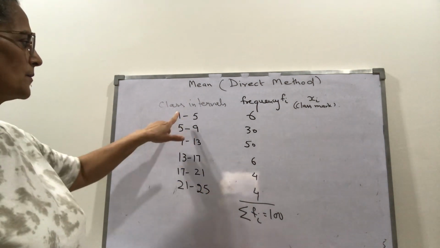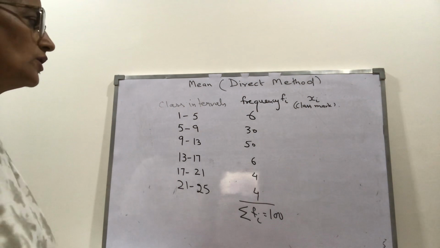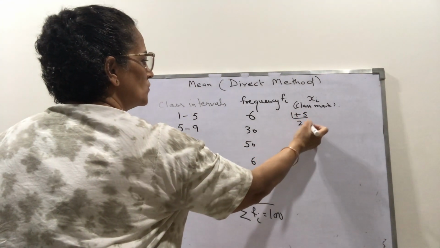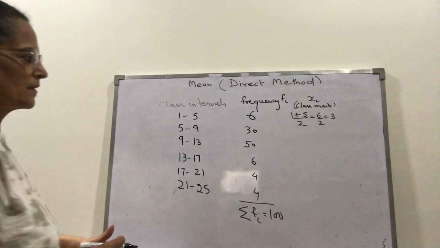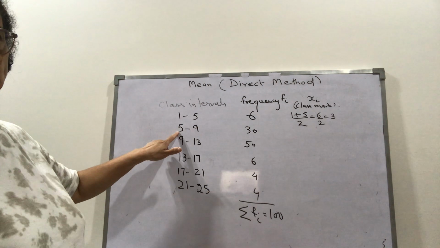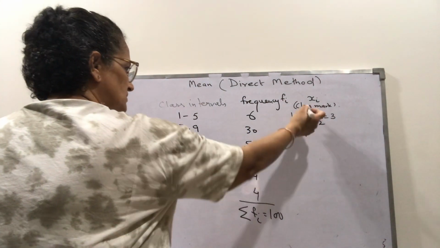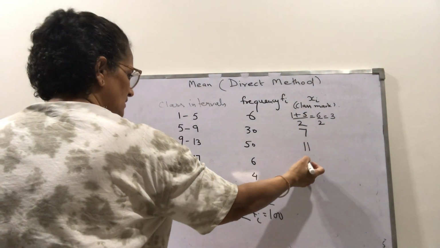So 1 plus 5 upon 2, which is 6 upon 2, that is 3. 9 plus 5 is 14, 14 upon 2 is 7. This way you can find all the class marks.